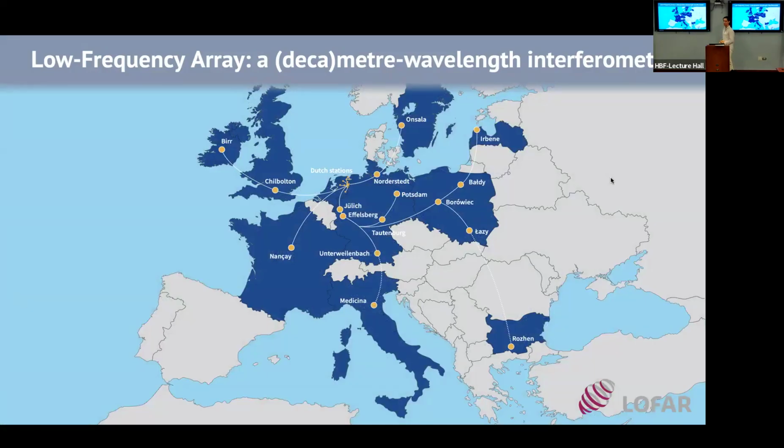Currently the longest baselines are about 2,000 kilometers, from Birr in Ireland to Ventspils in Latvia. But we're extending the array to Italy and even Romania. Since you have these baselines of thousands of kilometers, you can get angular resolutions of JWST resolutions, but at meter wavelengths.